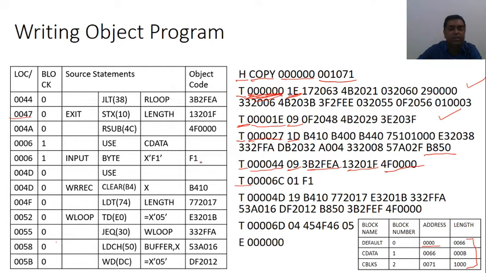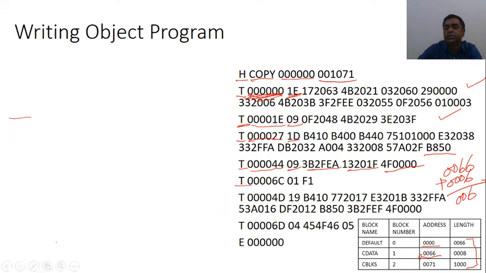So we consider only F1, and then the starting address of this object code, 0006, plus the starting address of the CDATA block, 0066. What are we getting? It will be 006C.